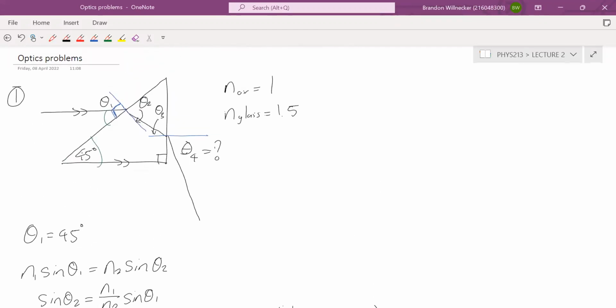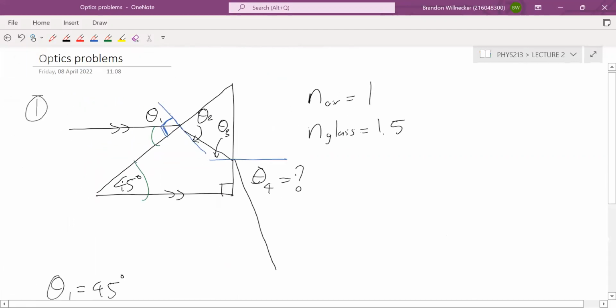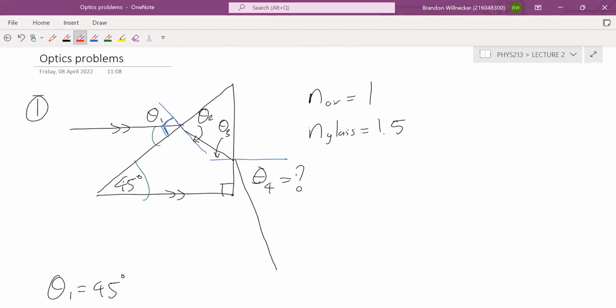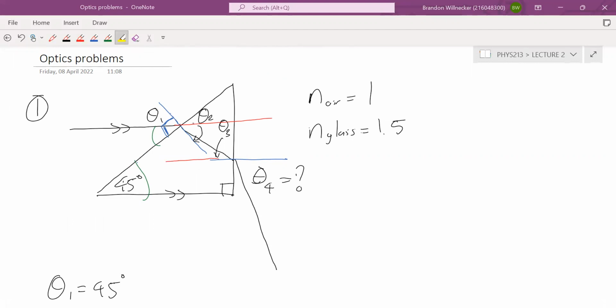Next, we need to find theta 3. Okay, how do we go about doing that? Well, what we can do is recognize that this line, the line of incidence here, if we extend that and we extend the normal, we have ourselves a little Z shape.